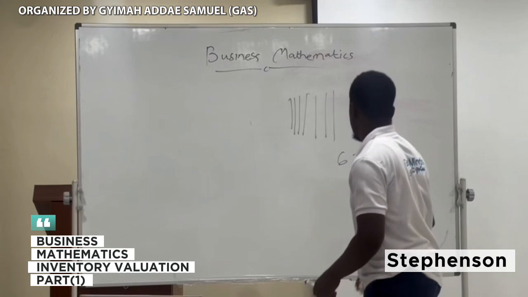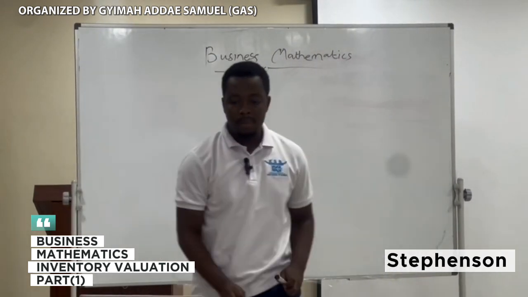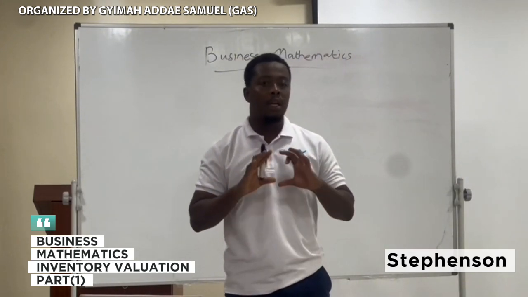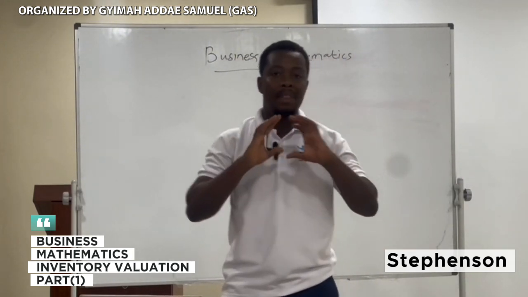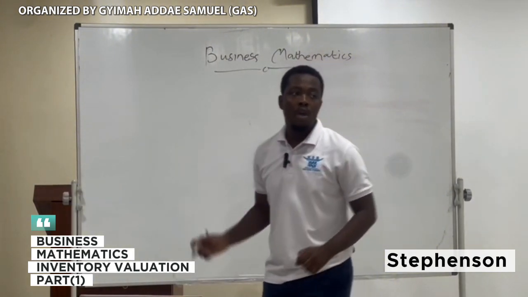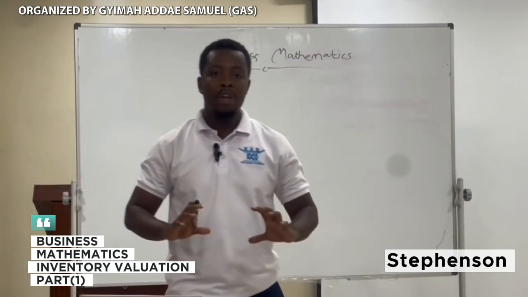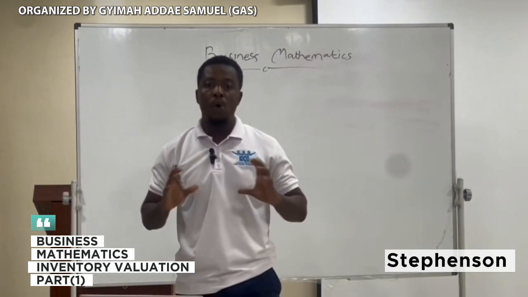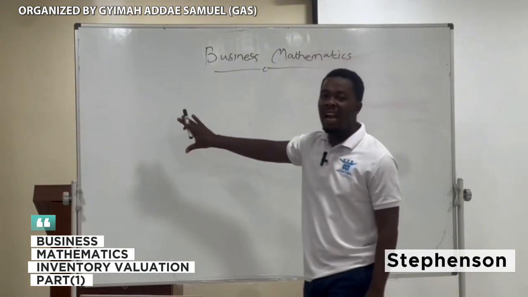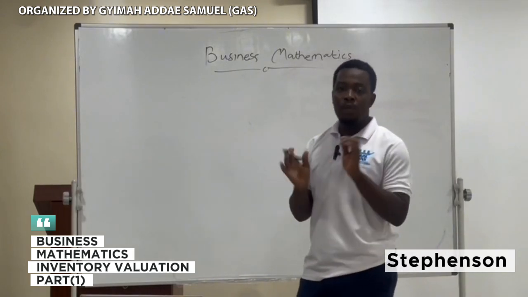So let's move on to specific identification. With specific identification, it is done this way. It is in the form of letters and numbers. They code it in such a way that only the employees, the CEOs and the managers understand what it actually means. We the customers won't see it.